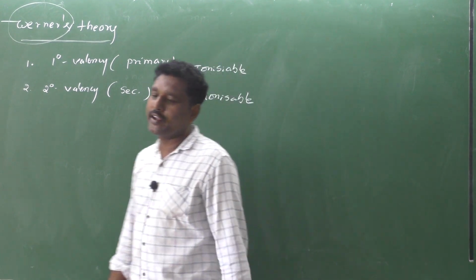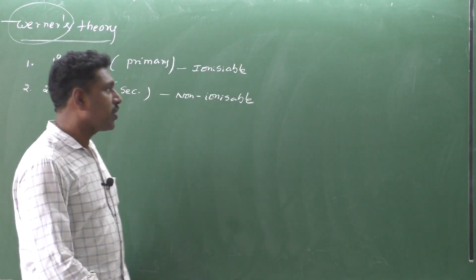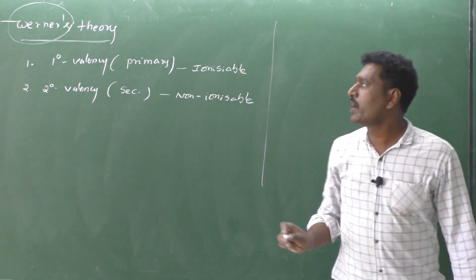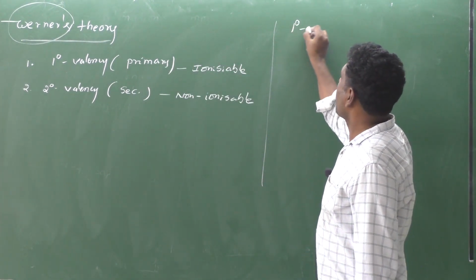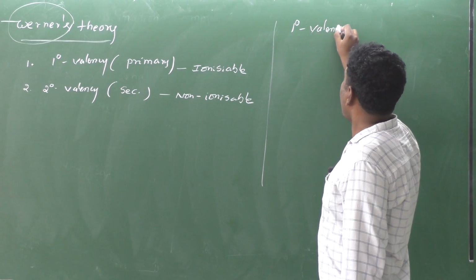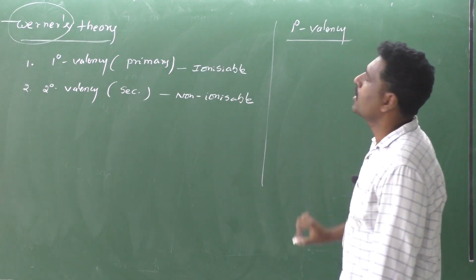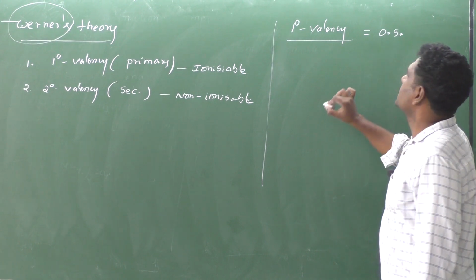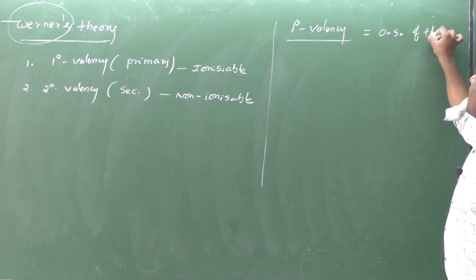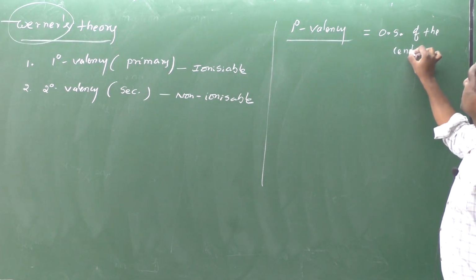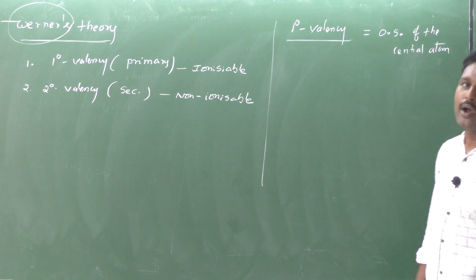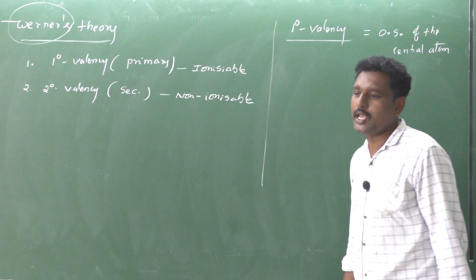First, let us discuss the 1 degree valency. The 1 degree valency is equal to the oxidation state of the central atom. It is also called ionizable valency.